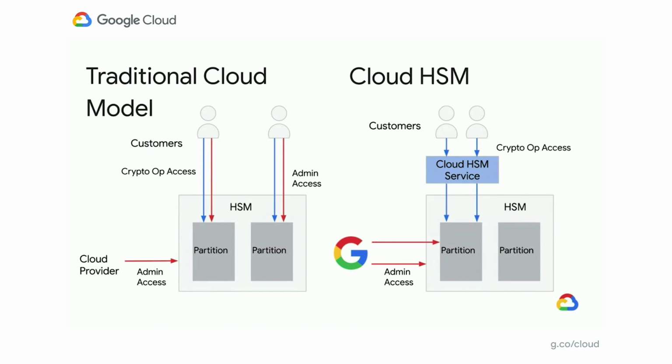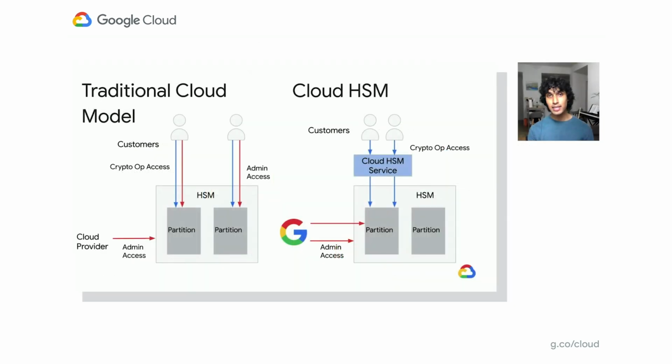In contrast, in Cloud HSM, you only get crypto op access. That access is to shared partitions on the HSM, and it's mediated by the Cloud HSM service. Google retains admin access to both the partitions and the HSM device. The Cloud HSM service is responsible for load balancing and controlling access to the HSM. It can see plain texts, but can't see key material.